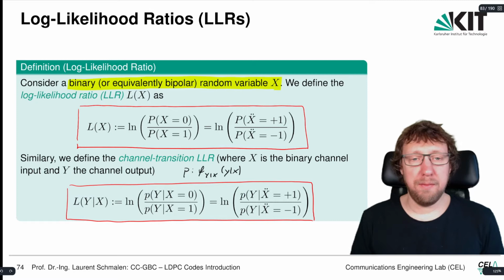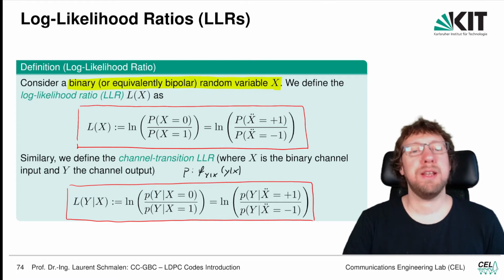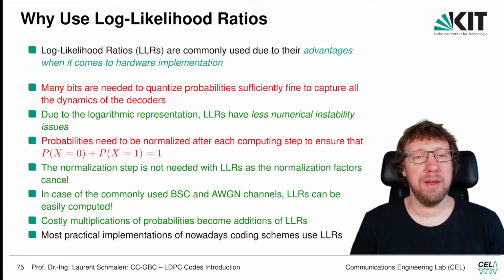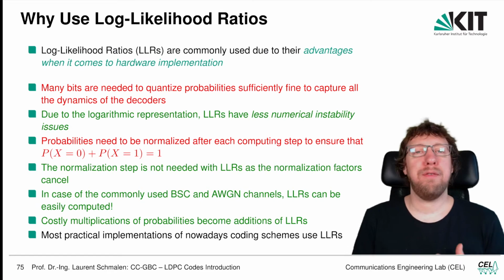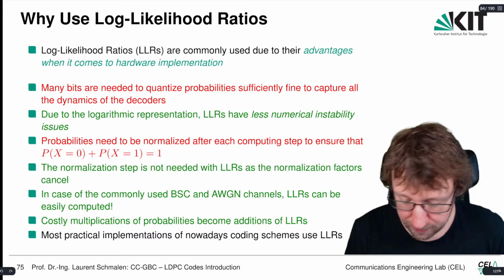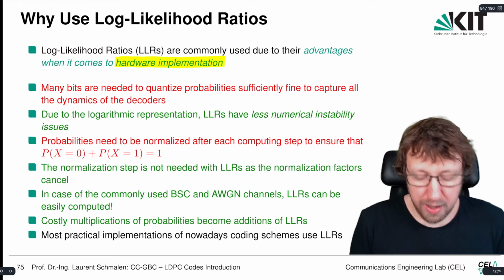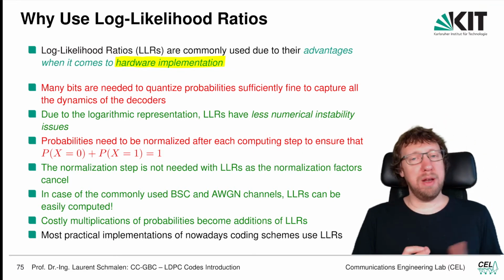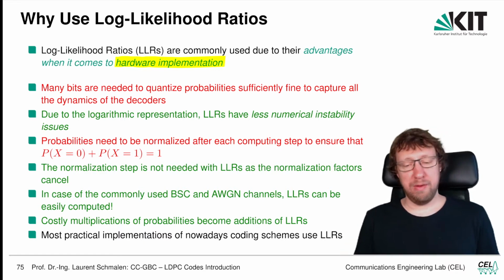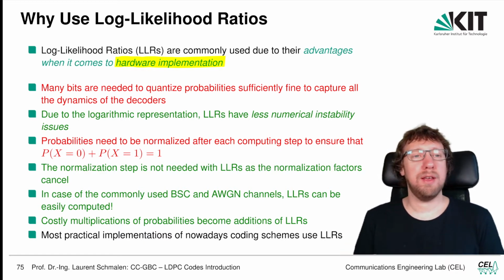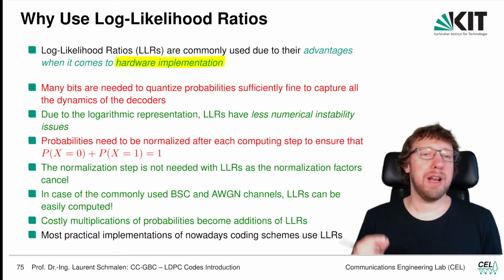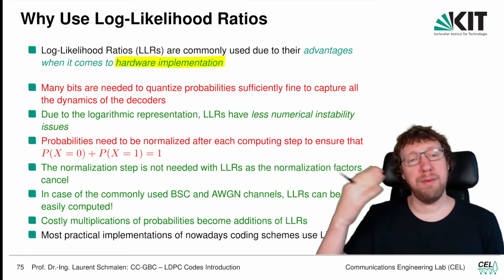And the log likelihood ratios have some important properties. So why should we use them? Mainly because they have a lot of advantages when it comes down to hardware implementation. Probabilities are a very nice concept to work with when we have pen and paper, but not in a computer. Because we are very often dealing with very small probabilities or very high probabilities.